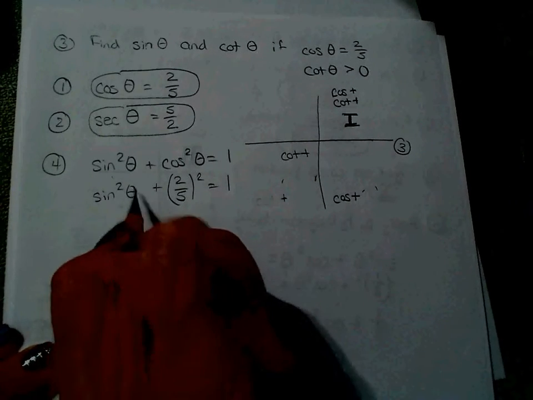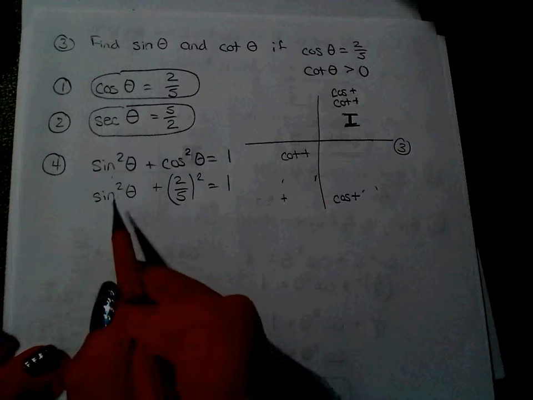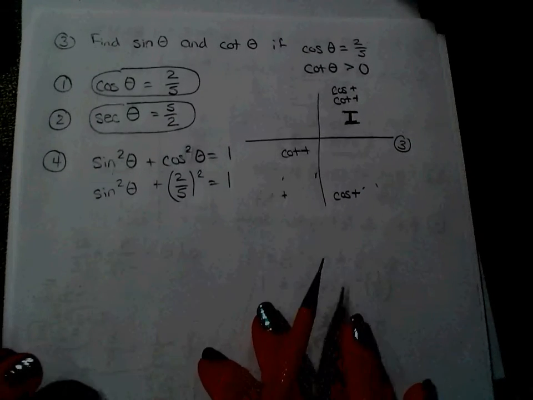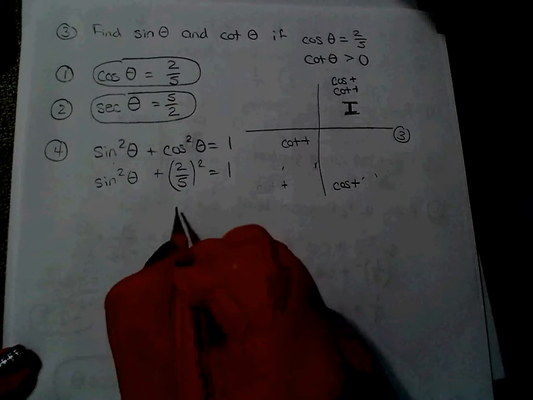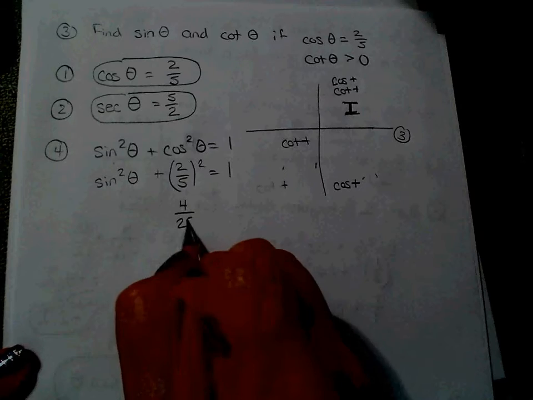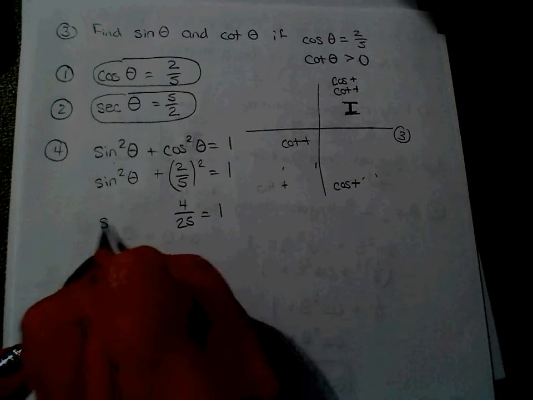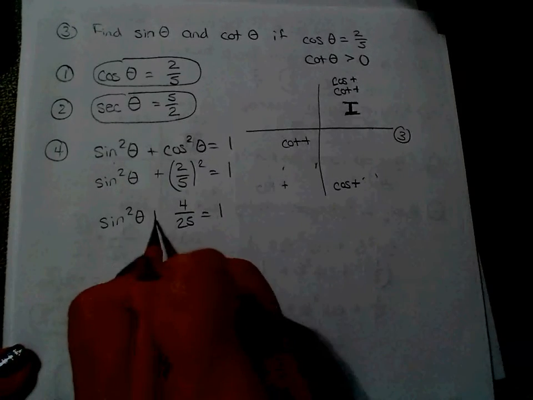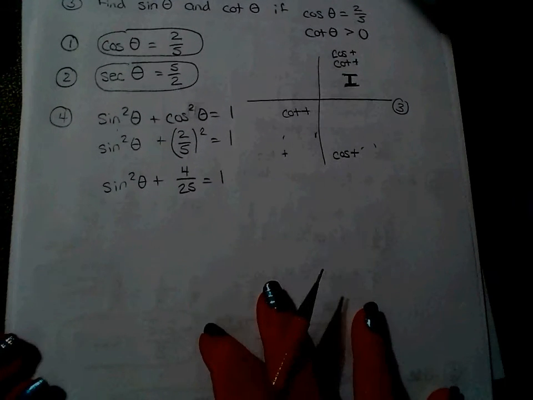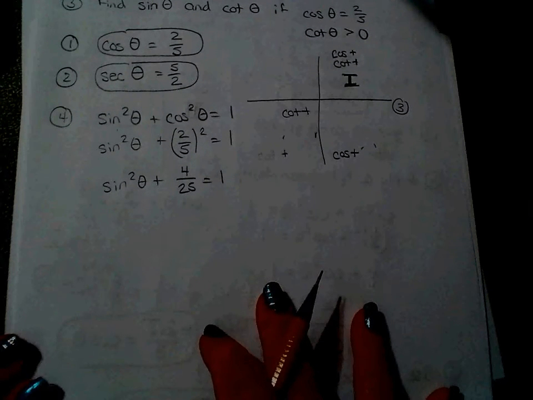And make sure you put your little 2's in the right place. It's the sine that's getting squared, not the angle. Okay, so I square 2 over 5 and I get 4/25. Sine squared theta plus 4/25 equals 1.